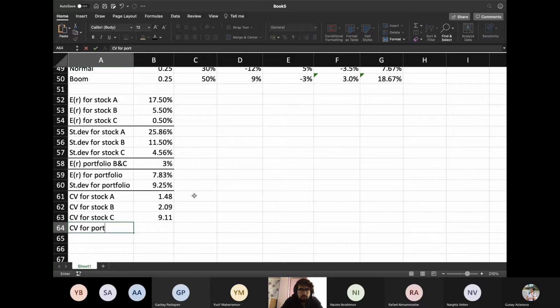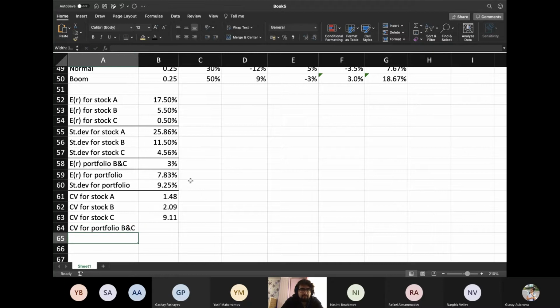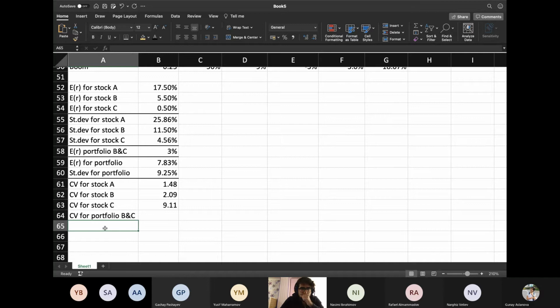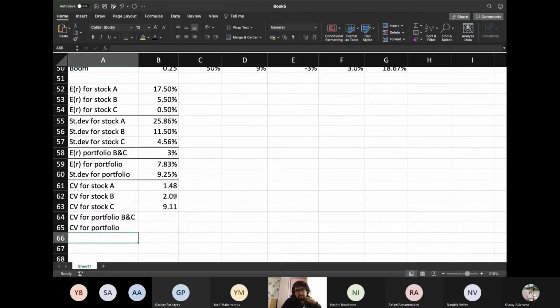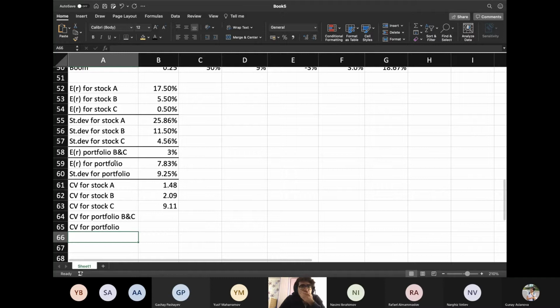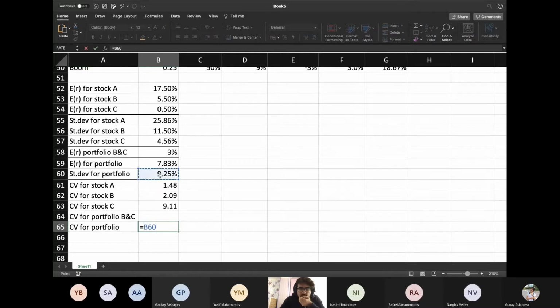Then for the portfolio, and the coefficient of variation for the portfolio, not B and C, for all the portfolios. It is standard deviation over expected return.